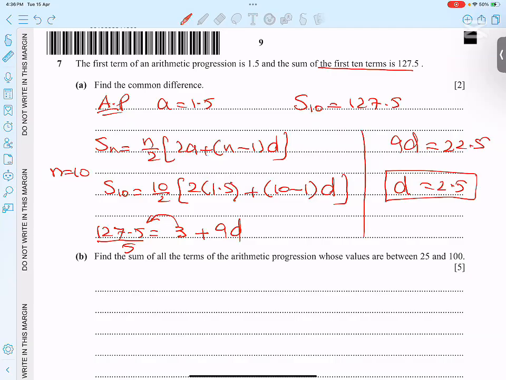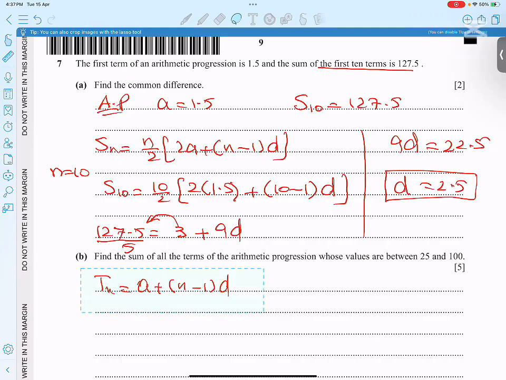We have to find the number of terms, because these are values, not term numbers, and we are looking for the term numbers, because he said find the sum of all terms whose values are between 25 and 100. So once I write the formula a plus n minus 1 into d, I will use this formula 2 times.